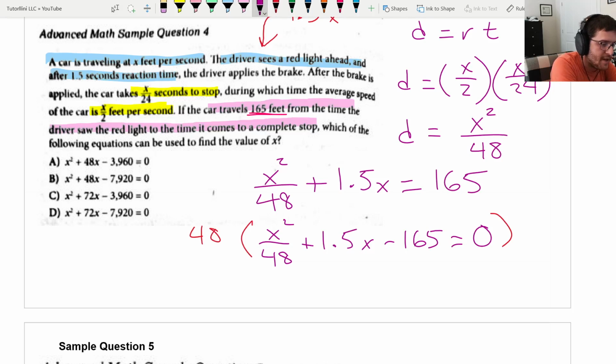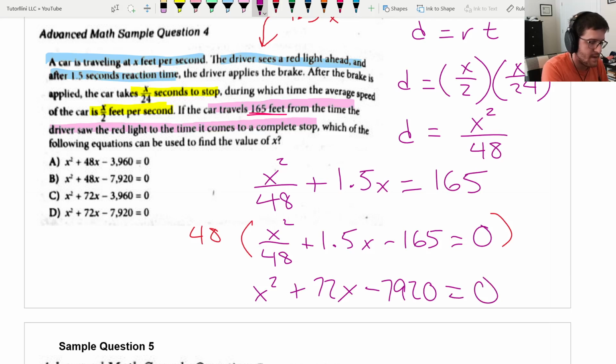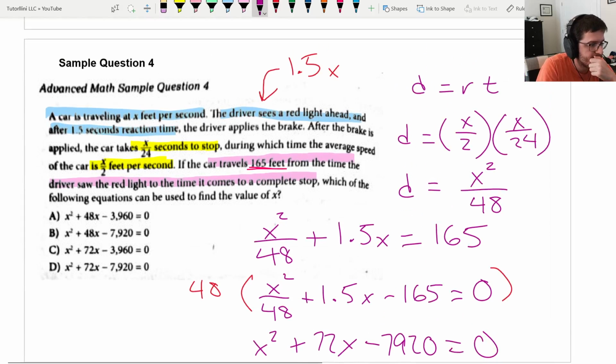So we should get x squared, 48 times 1.5, 72x, and then negative 165 times 48, minus 7920. And that seems like answer choice D. And let's see if that's correct. Yep, that's right. Great.